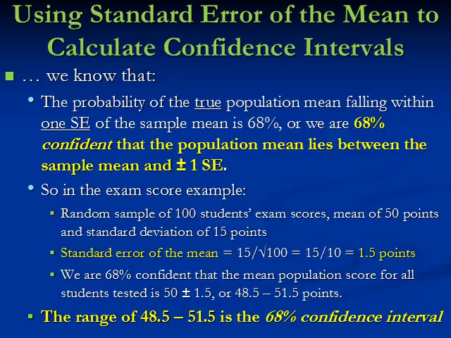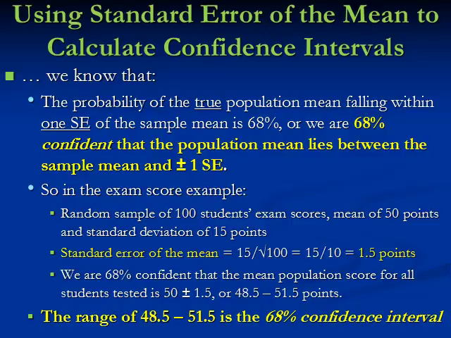So we can validly now make the statement about the probability of our true population mean, if there were, say, 50,000 students that had taken that exam, and we just took that one sample of 100 students that had a mean score of 50, with our standard error of the mean being 1.5.